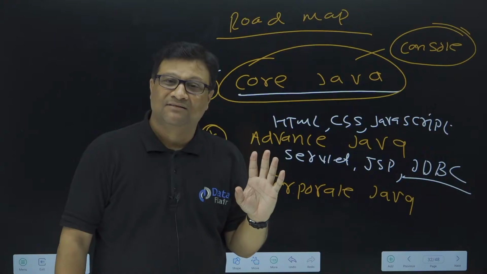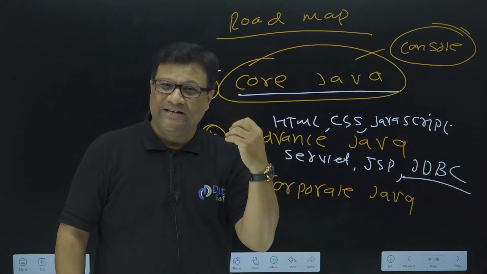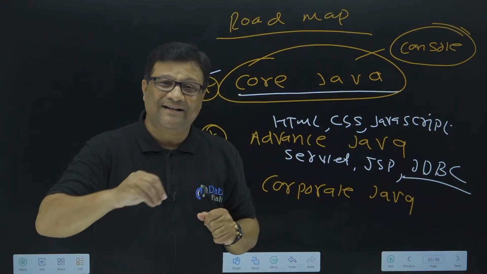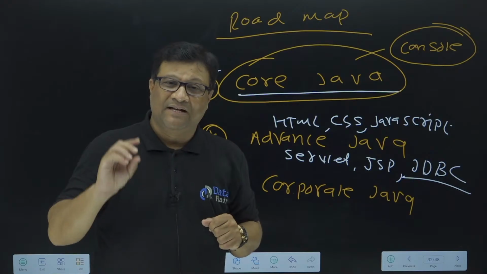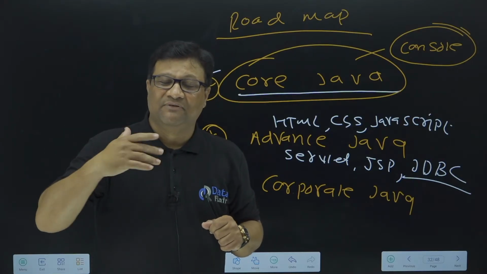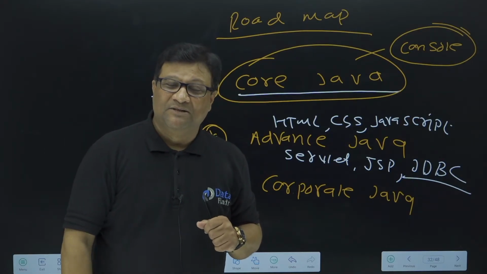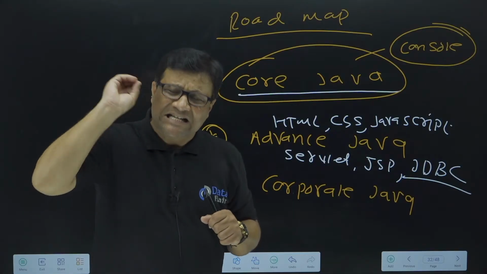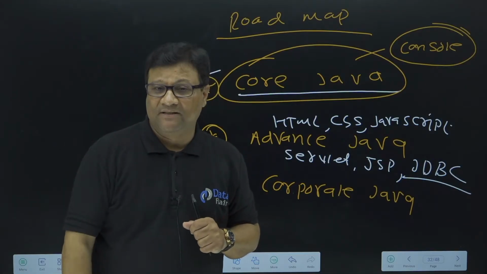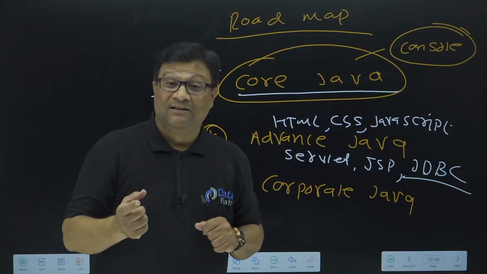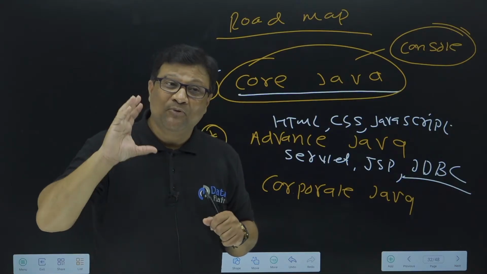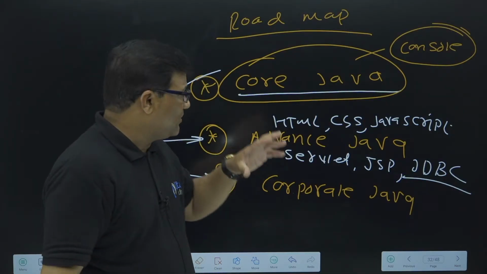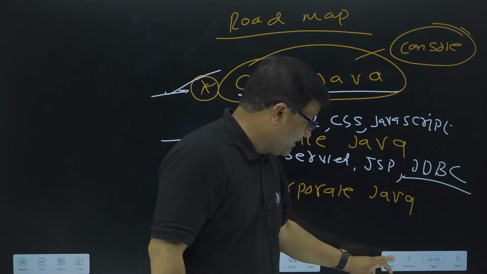I'll not show any university syllabus, because my target is not the university examination. My target is MNC companies, not even service-based or product-based companies. So I'll explain each and every concept according to MNC companies, as I told you in an early lecture. But you have to stay focused on this. That is more important.